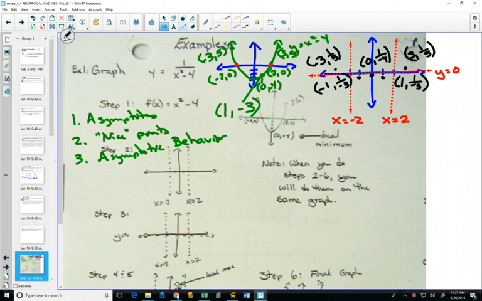But once you have nice points in each section, you can go to step 3 and you can draw your asymptotic behavior. It's got to go through that point towards the asymptote, through these points towards the asymptote.